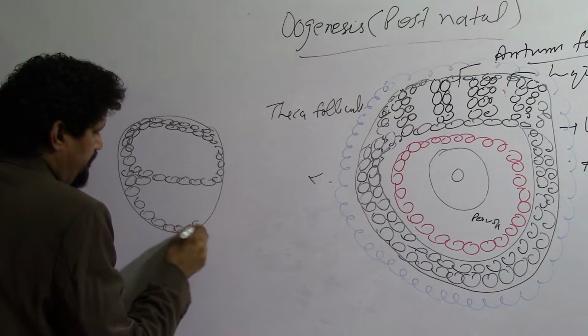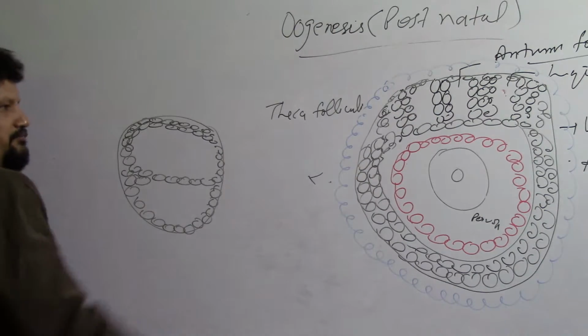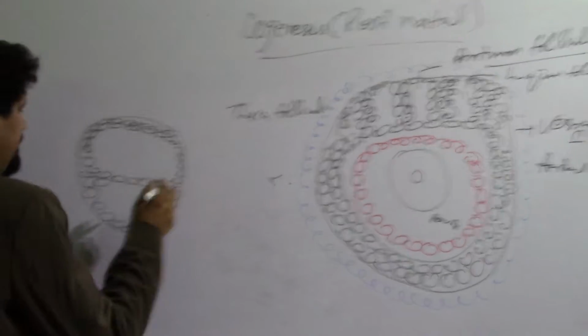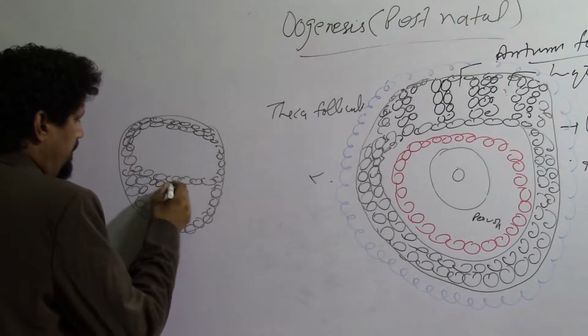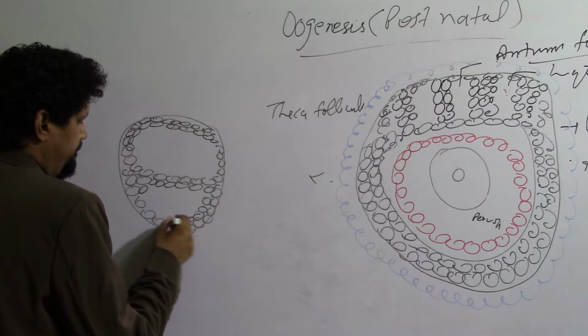And here is eccentric primary oocyte. Now from central, it is pushed down to an eccentric position by the developing antrum folliculi or follicular antrum.